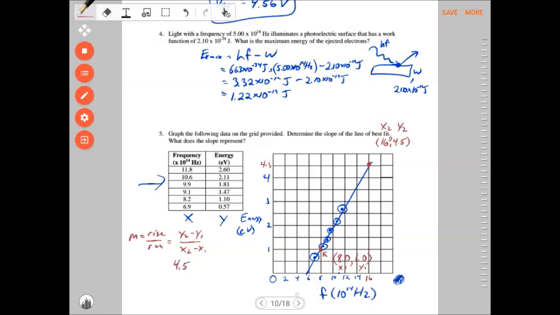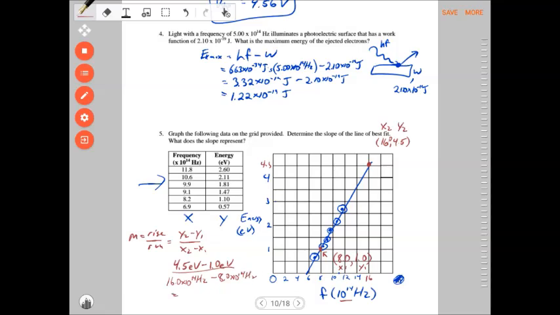Okay, so y2 is 4.5. Now remember, these are electron volts, so 4.5 electron volts minus y1, which is 1.0 electron volts, divided by x2, which is 16.0, but remember that's times 10 to the 14, so 16.0 times 10 to the 14th hertz, minus x1, which was 8.0 times 10 to the 14th hertz.